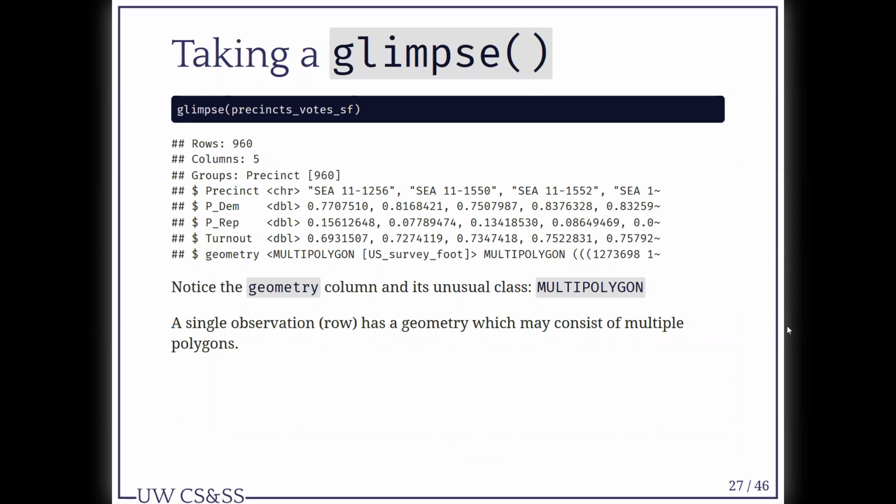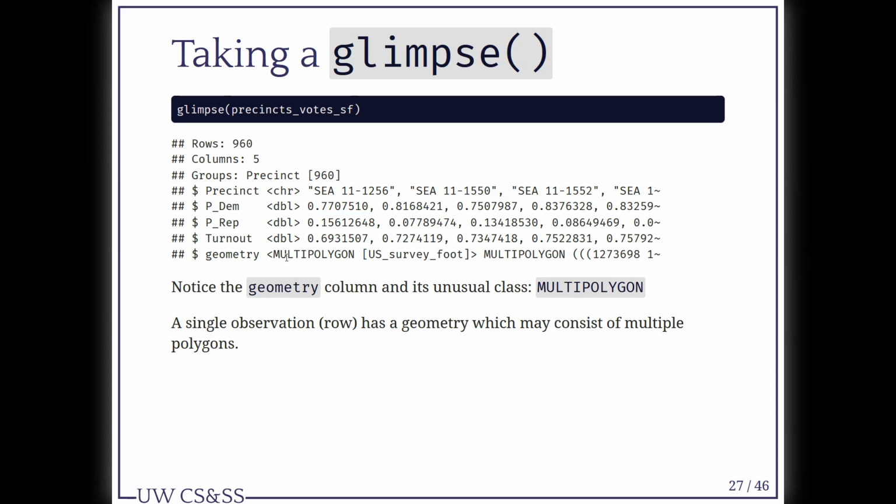Okay, so if we take a glimpse at this, we can see that per precinct in Seattle, we have percent Dem, how many people voted for Clinton and Kaine, how many of the voters voted for Trump and Pence, and what the turnout was like, as well as this column here that tells us the shape of the precinct that is specified like this.